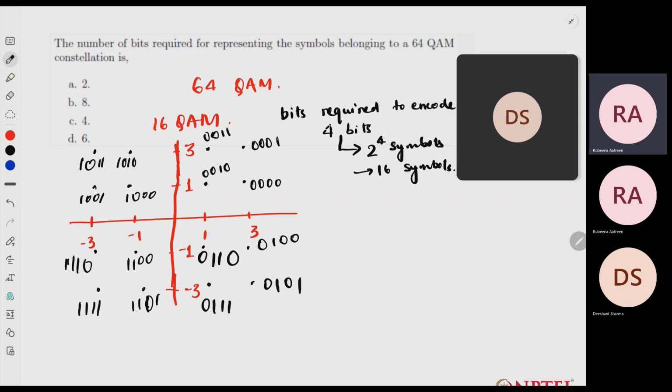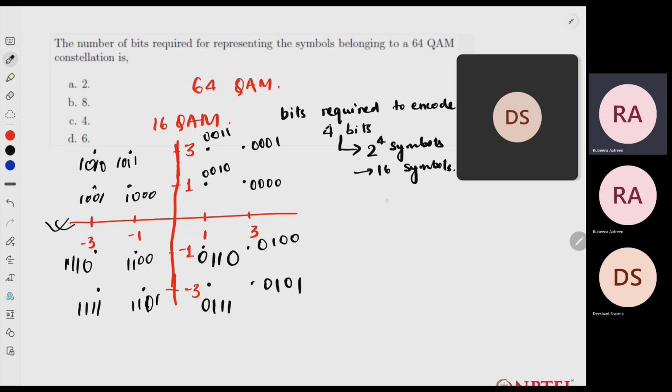This is done in such a way that each adjacent symbol has a one bit difference. So I think this should be 1, 0, 1, 1. You can look up any textbook for this.